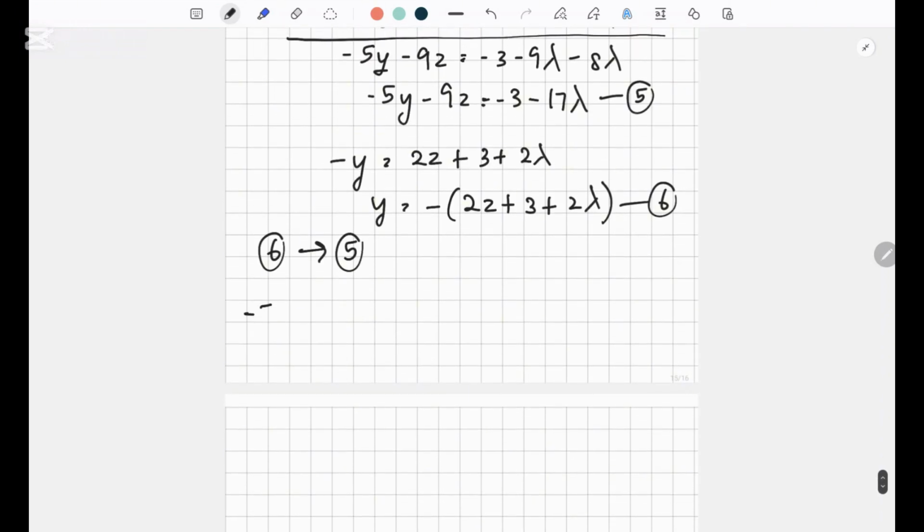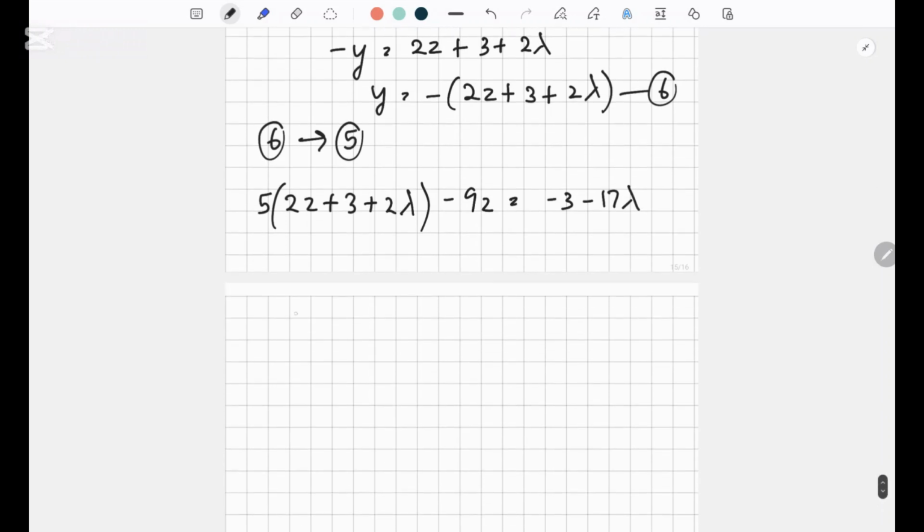So now minus 5 into, so minus and minus cancels out, 5 into 2z plus 3 plus 2 lambda minus 9z equals minus 3 minus 17 lambda. So that gives you 10z plus 15 plus 10 lambda minus 9z equals minus 3 minus 17 lambda.